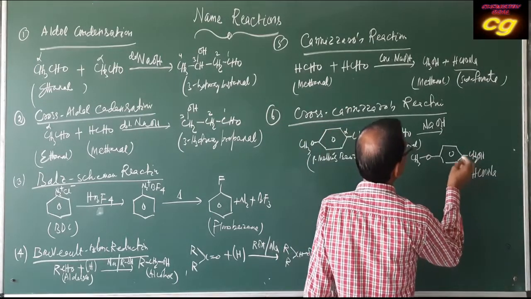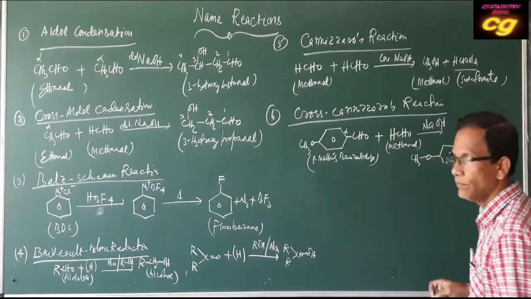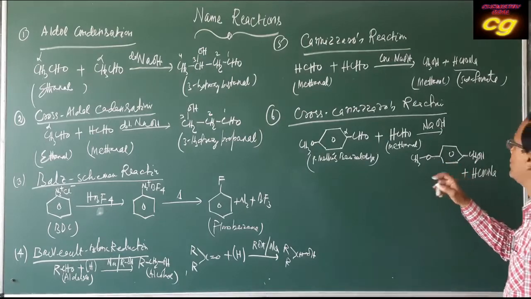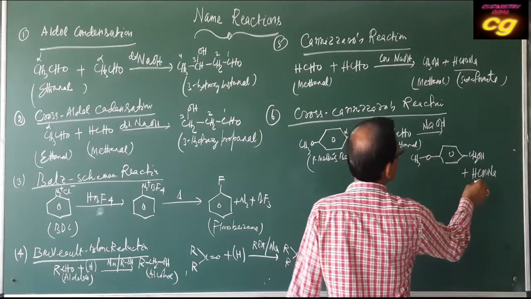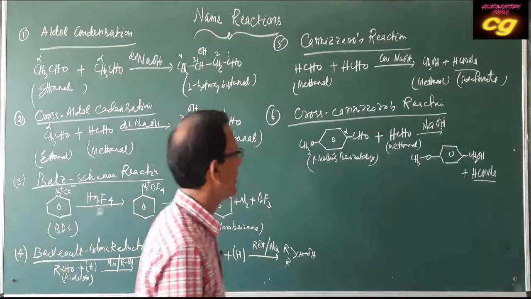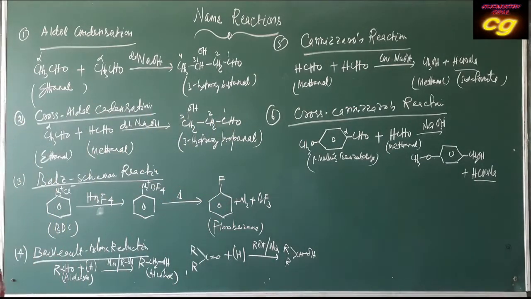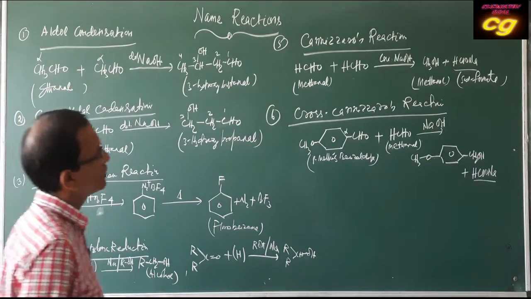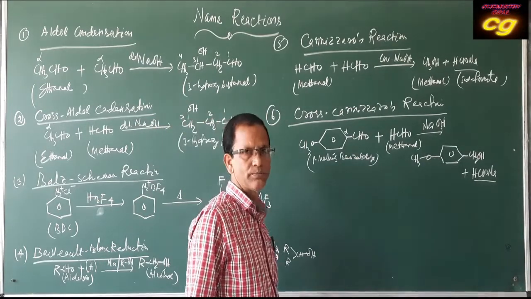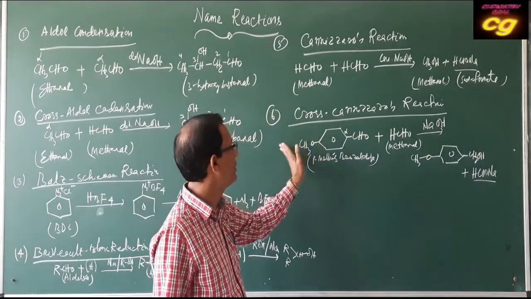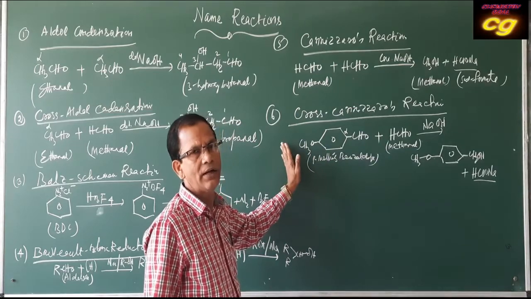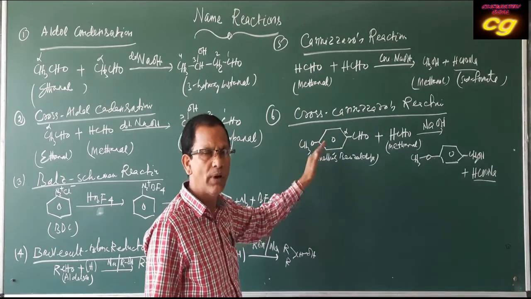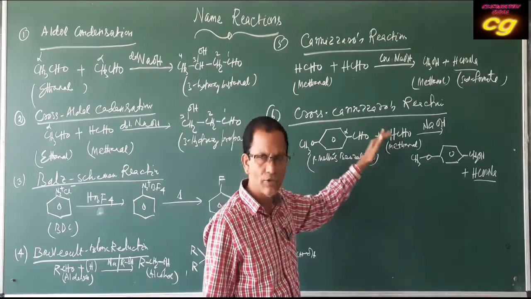This is your benzyl alcohol, para-methoxy benzyl alcohol, and this is sodium formate. So you will write this. These two names also you write down. So this is called cross Cannizzaro reaction. Cross means different aldehydes having no alpha hydrogen atom when combined, that is called cross Cannizzaro reaction.